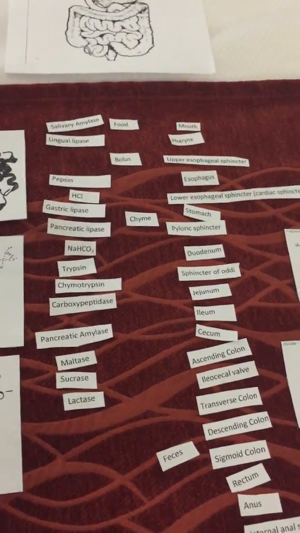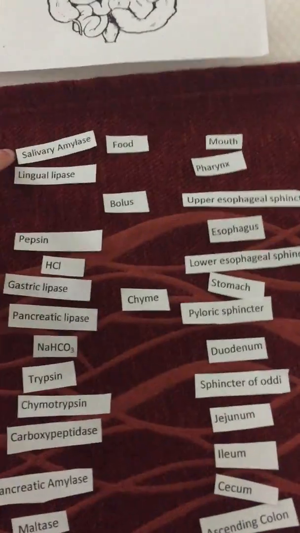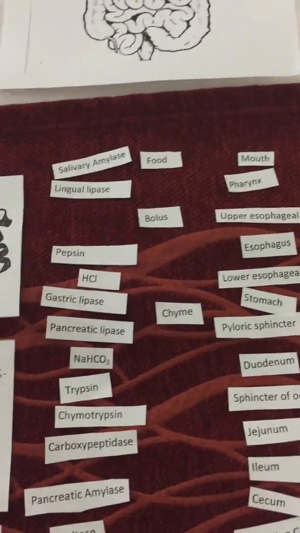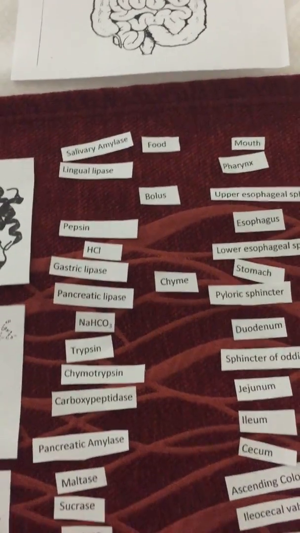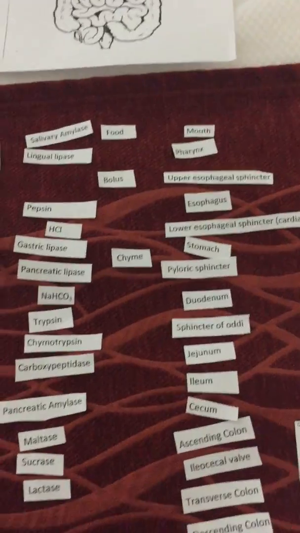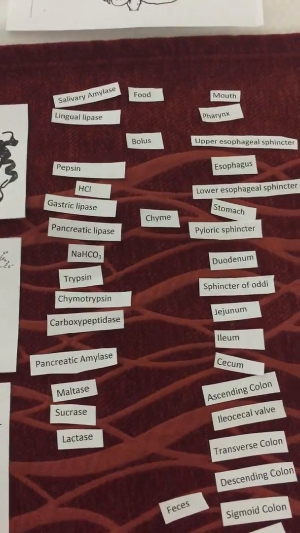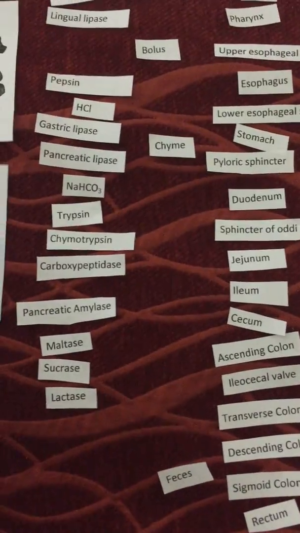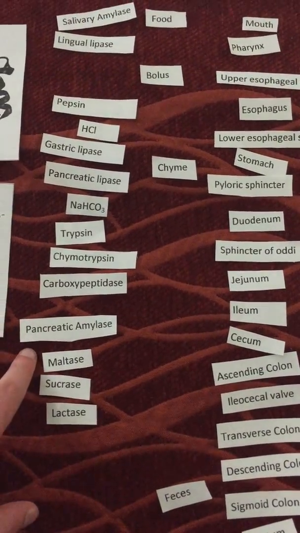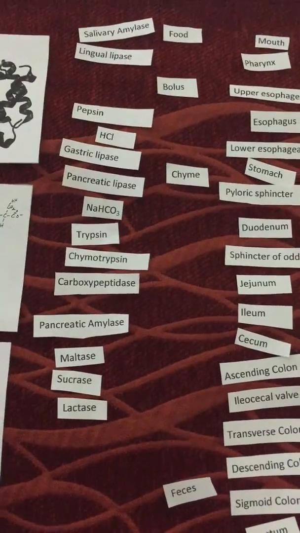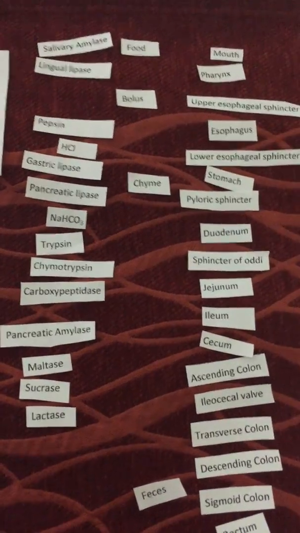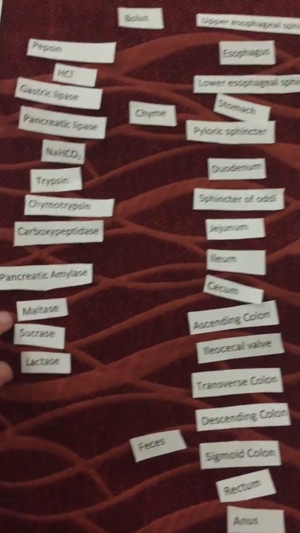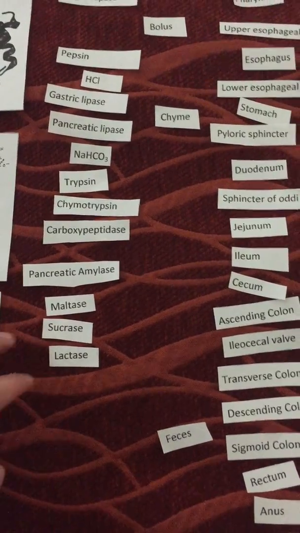In our mouth we have our salivary amylase, which breaks down a lot of our food and helps us to digest. In the small intestine, we have the pancreatic amylase, and our microvilli contain the maltase, sucrase, and lactase.